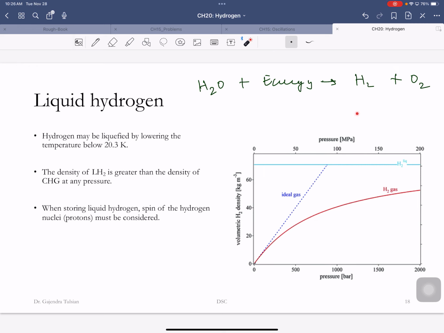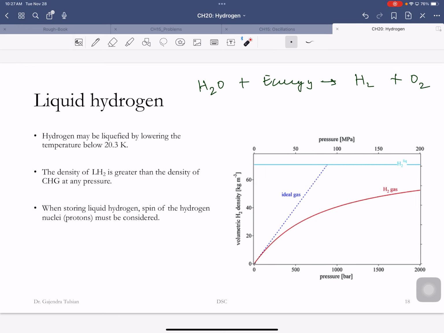To store this, you have to spend money, and you want to spend as little as possible. If you store it in liquid form, you're storing it in a very small volume that is convenient, but it costs you money. That's the deal. The density of liquid hydrogen is greater than the density of compressed hydrogen gas, so you need less volume to store it, and presumably you can transport it as well if needed.